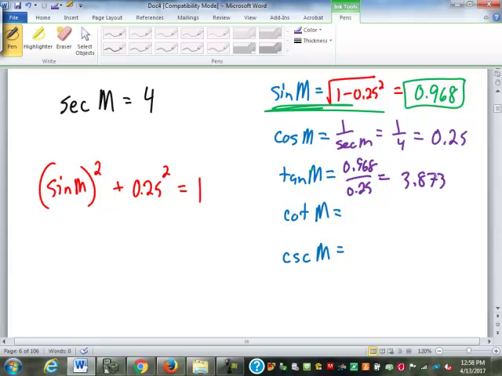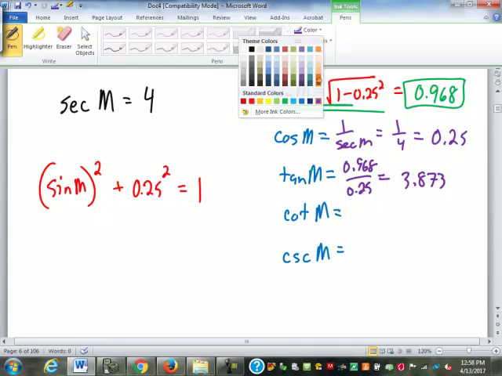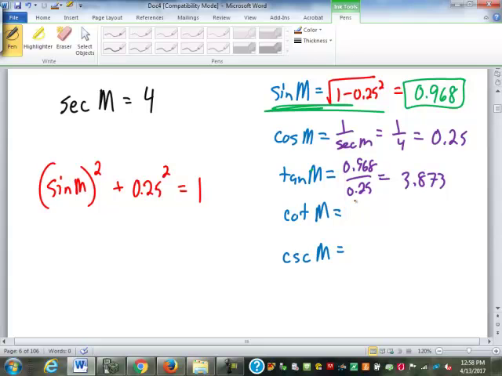How about cotangent? We do cosine over sine. So 0.25 over 0.968.